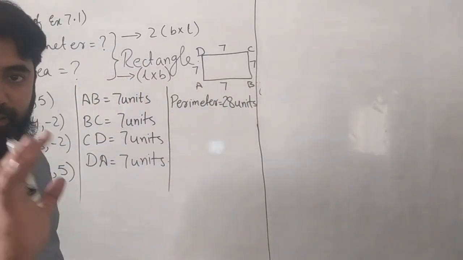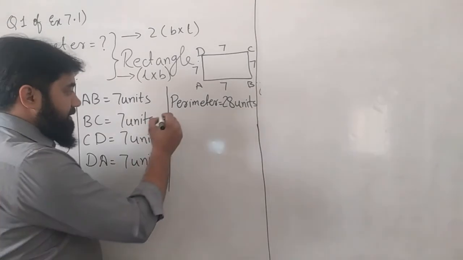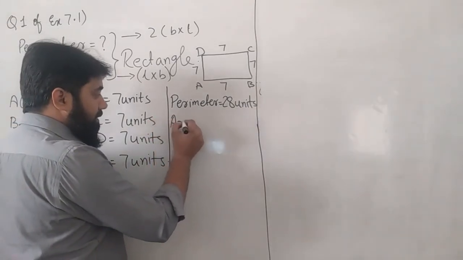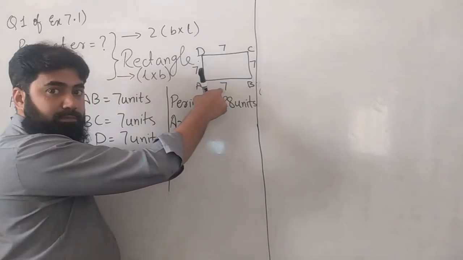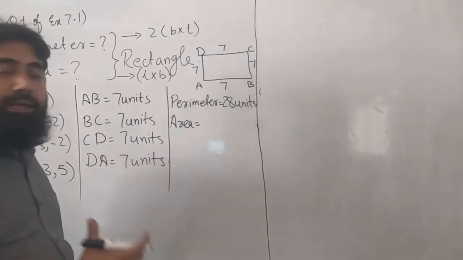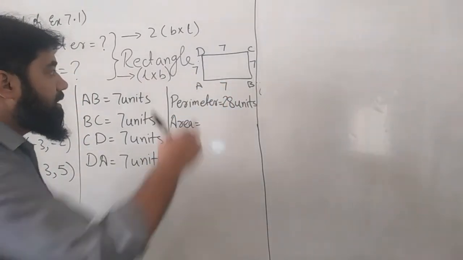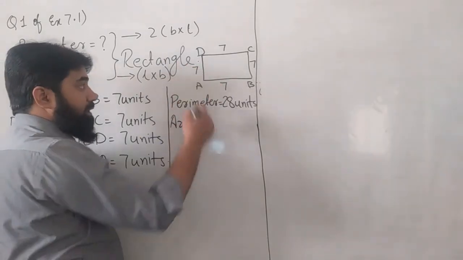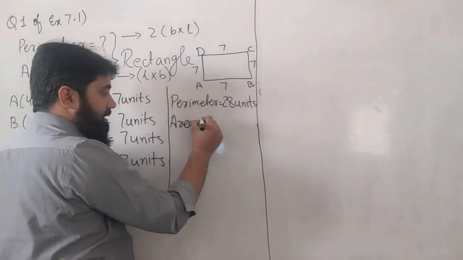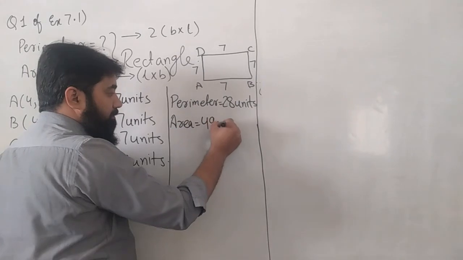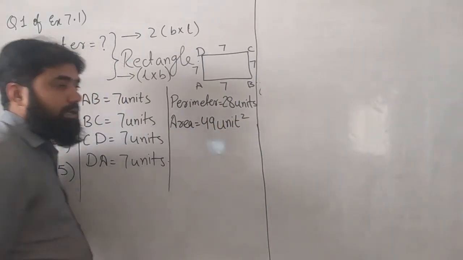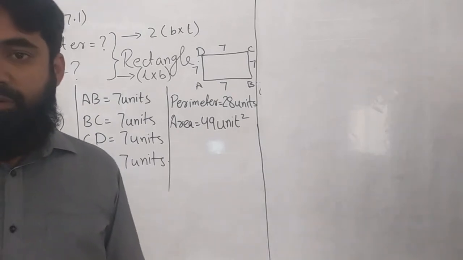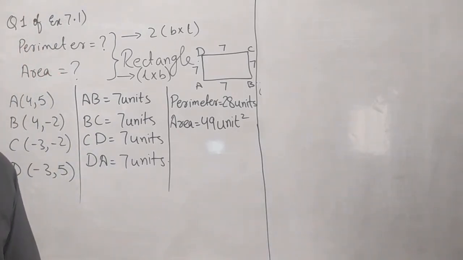It's 28 unit and that's it. Right? In the same way, when we have to find area, so area equals what? Length into breadth. Okay, or if you are taking a square, it's side multiplied by side. So as both of them are the same, 7 into 7, the answer is going to be 49 unit square. Okay, 49 unit square. This is going to be your answer for the first part, first question.